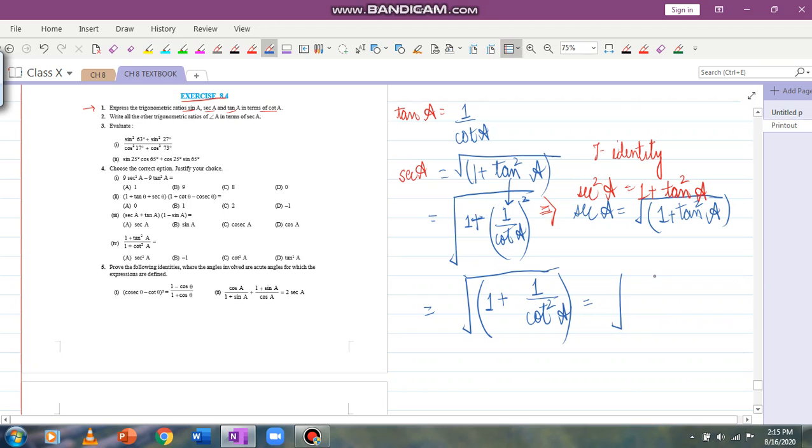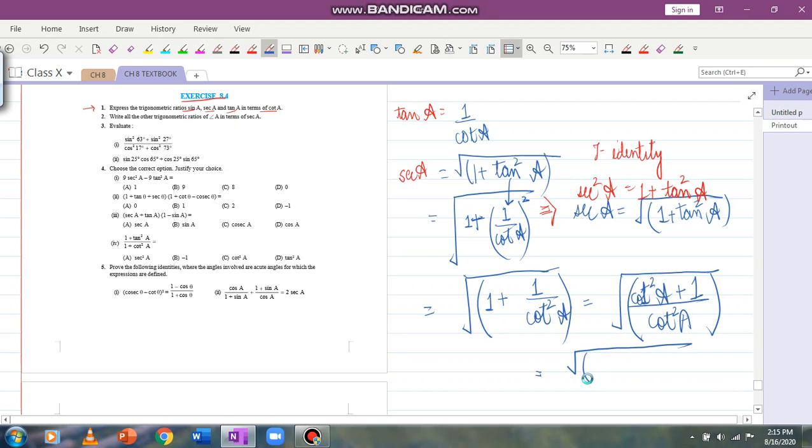Taking LCM, I have cot square A plus 1 over cot square A under the root. Now I'm going to separate the square root for the numerator and the denominator.